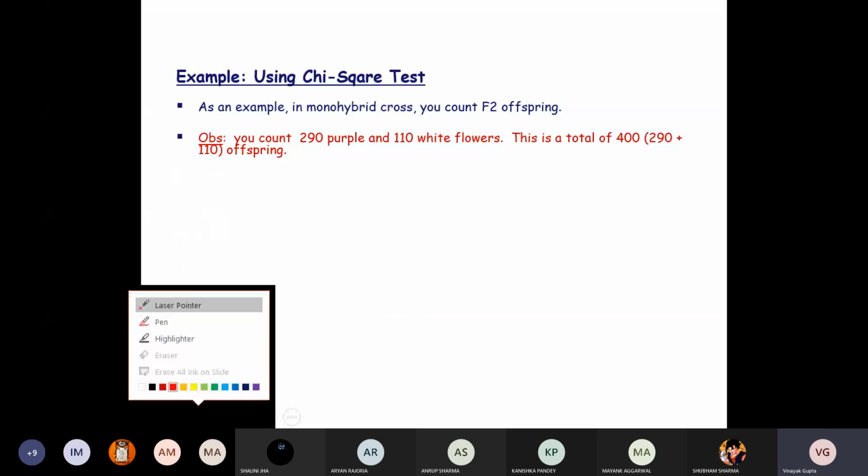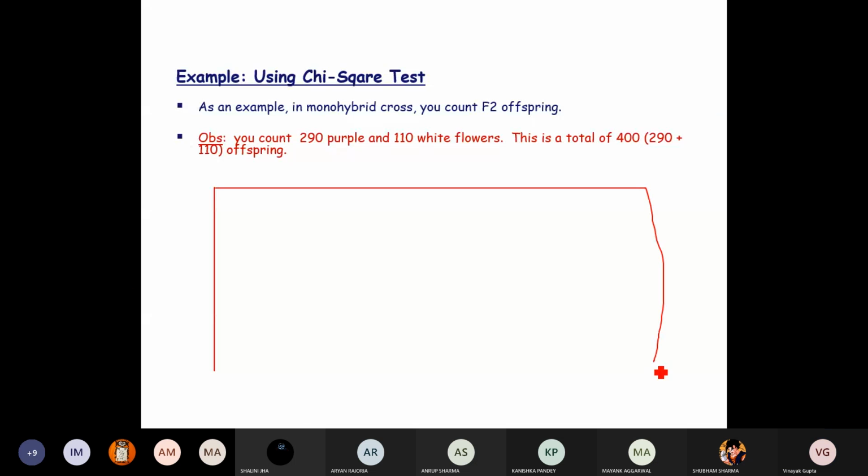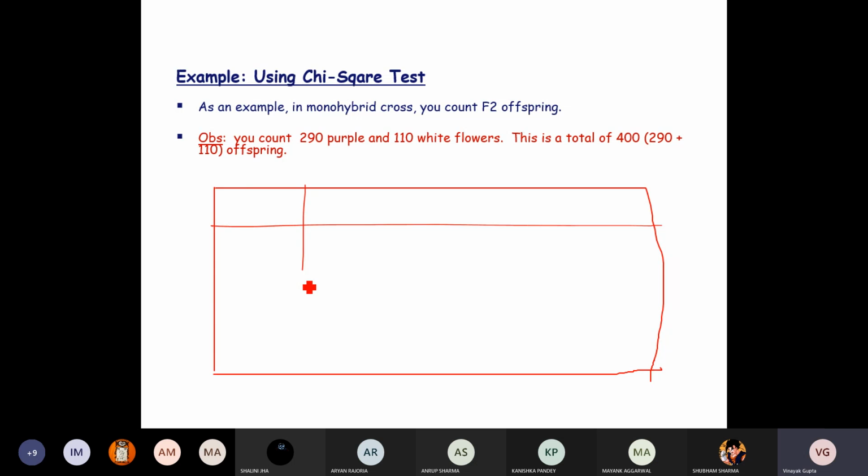Here, what you have to do is make a table: observed, expected, and O minus E squared. That is the main thing. Observed values are shown on the slide, 290 and 110.